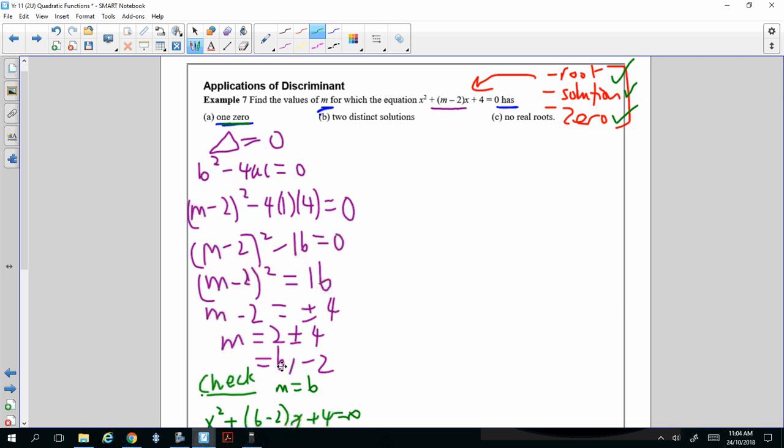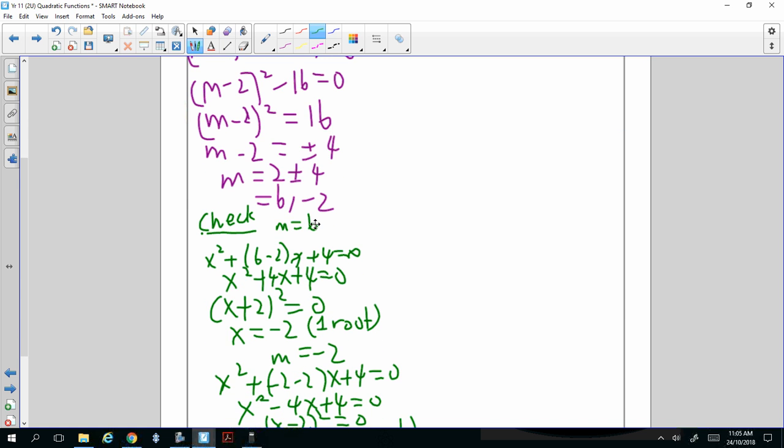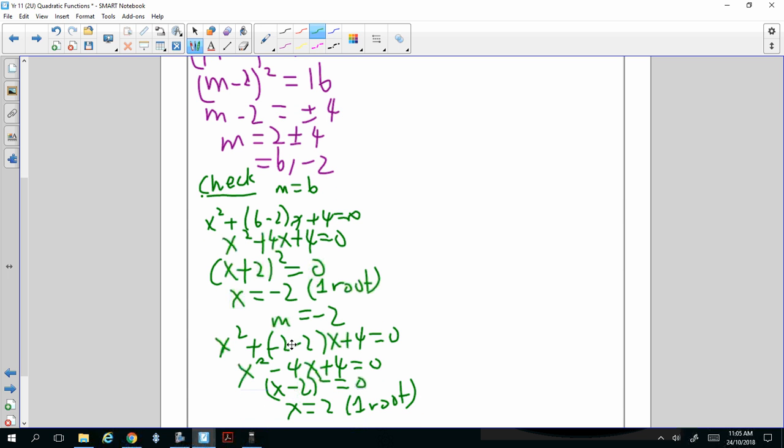If I have a different value of m, the equation will have a different number of roots. But if I choose m to be 6, you will have one root, as you see here. If I put 6 into the equation, I get one answer. If I put -2 into the equation, I also get one answer. But if I choose a different value, I will get 2 answers, or I may get no answers.